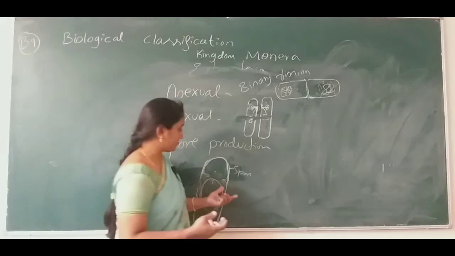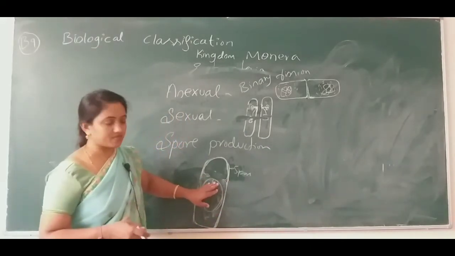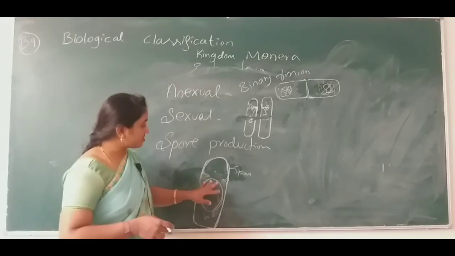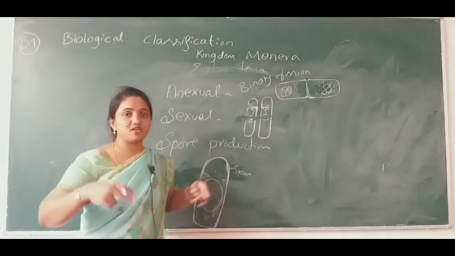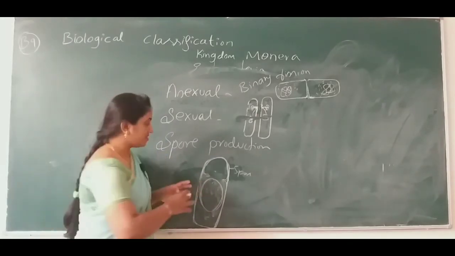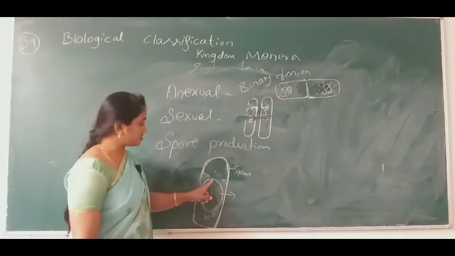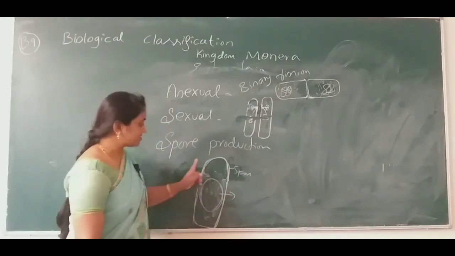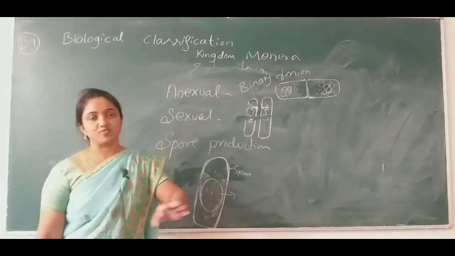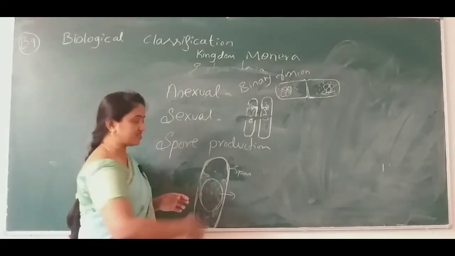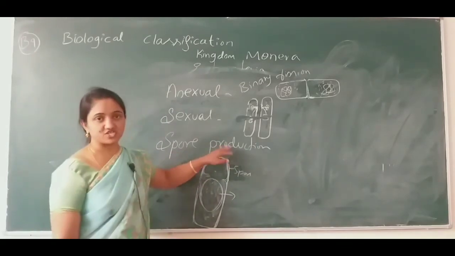All the metabolic activity or reproduction will cease, and when it reaches a favorable, suitable medium, then the spore is released. The spore comes out from this cell wall, and then they grow, develop, reproduce, and the normal activity will take place. So this is how spore production takes place.